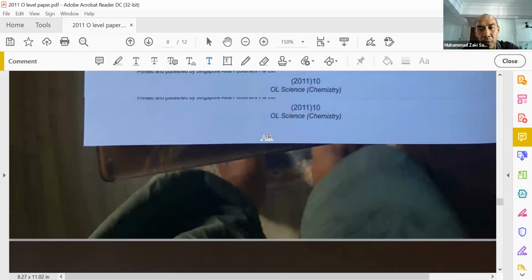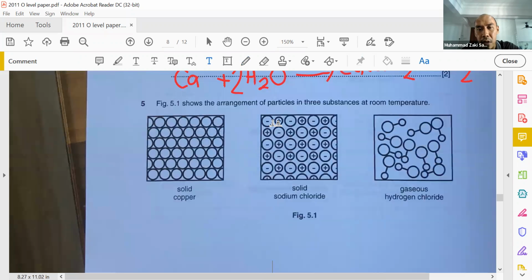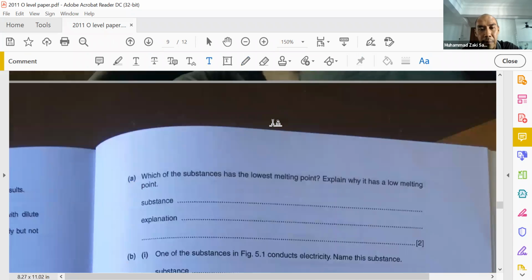So I need to write that down. It should be hydrogen chloride.